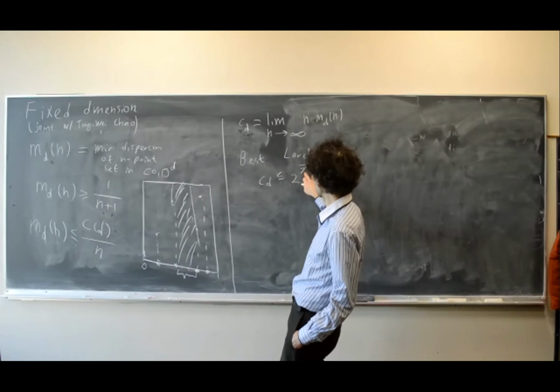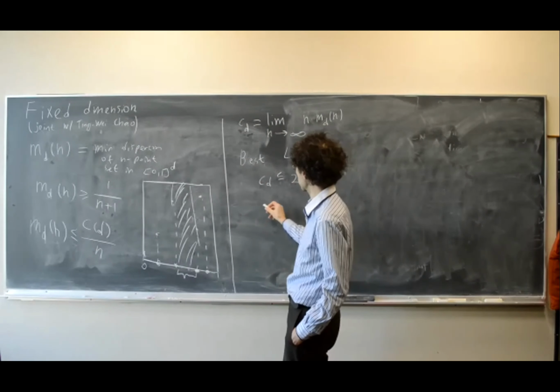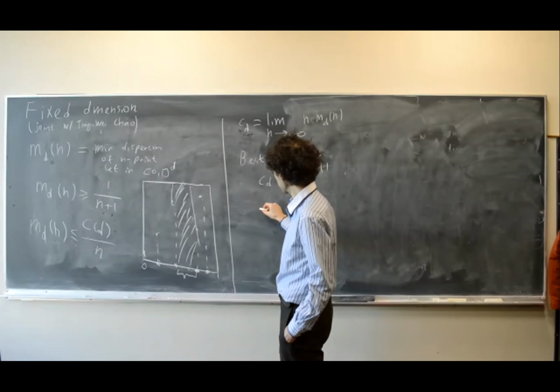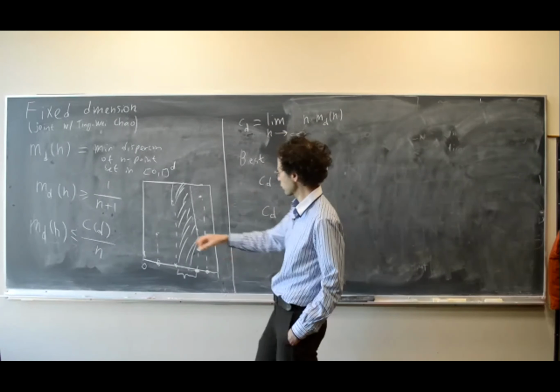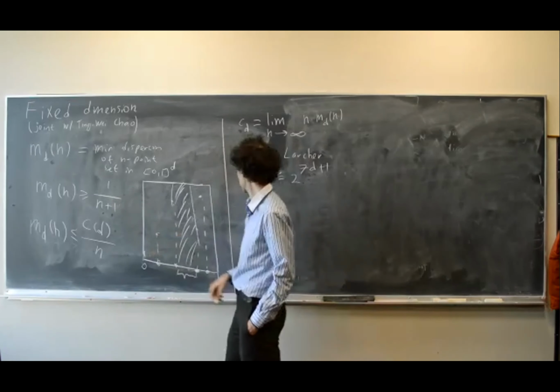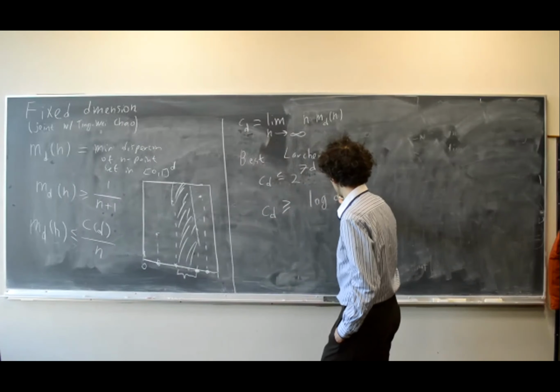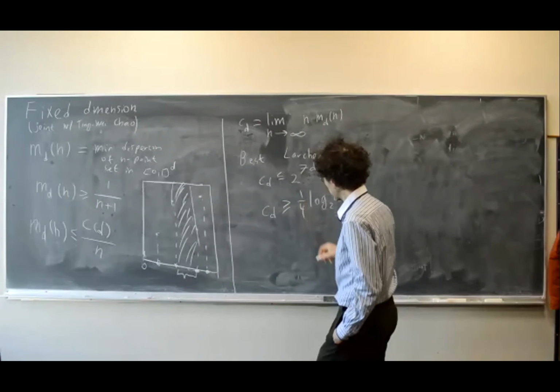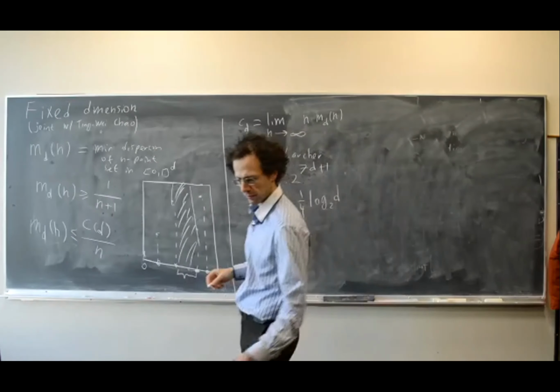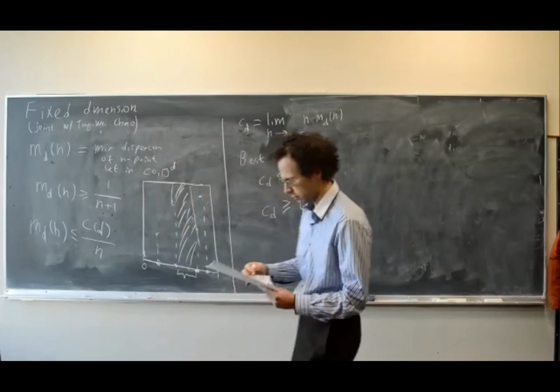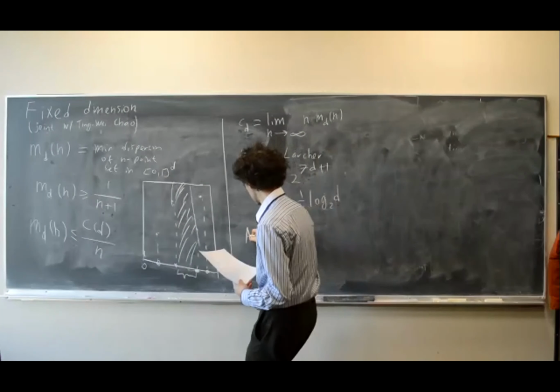This is all I want you to see from this. It's an exponential function of d. And the best lower bound, which was an improvement on this, was logarithmic indeed. So it was quarter log d.